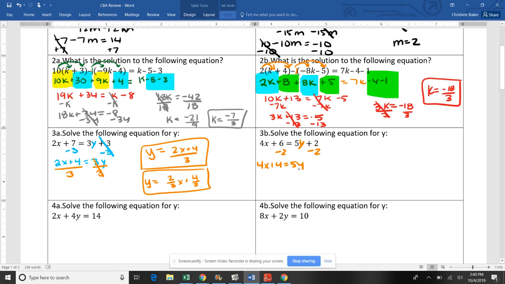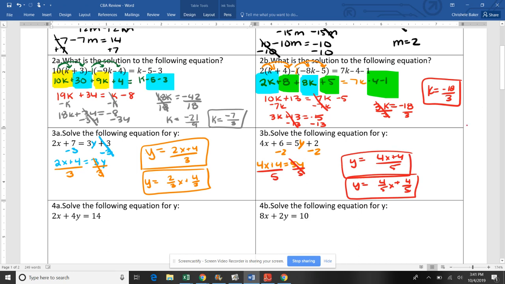So I'm going to divide both sides by 5. And I have y is equal to 4x plus 4, all divided by 5. Or if I want to get fancy, I can actually divide both of those terms by 5. Again, nothing simplified here, but sometimes it will.